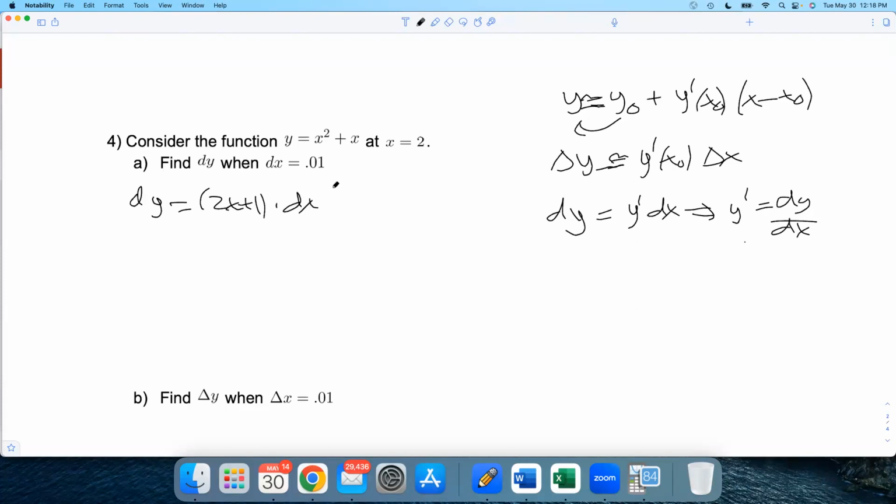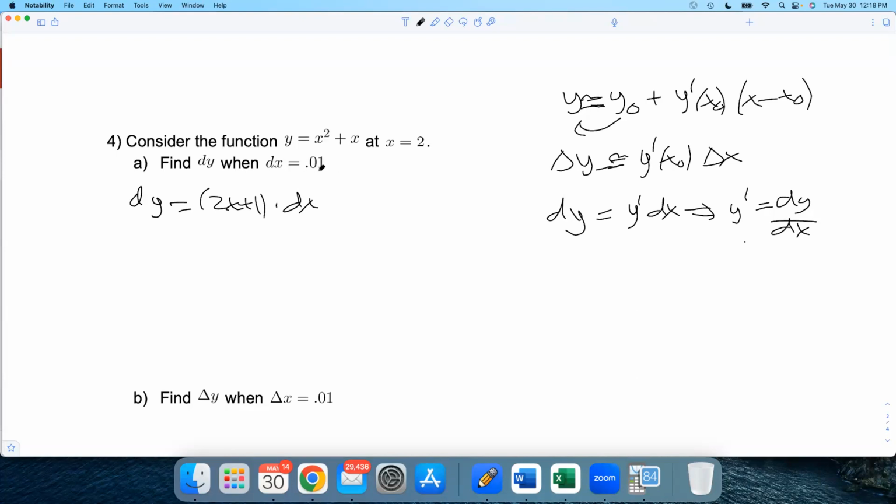Now, anytime you have one of these problems where they tell you to plug in a value for dx, we're really just doing linearization where this is a delta x. We call this little dx, but it's really a change in x.